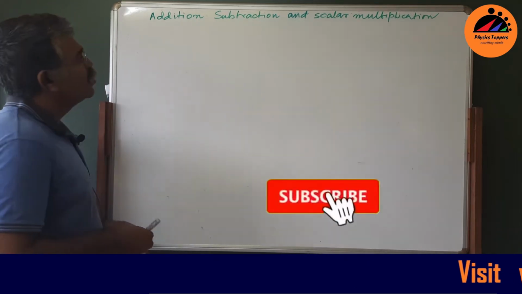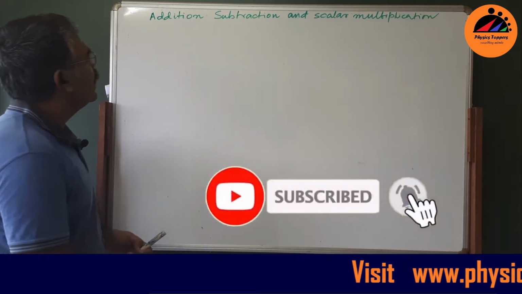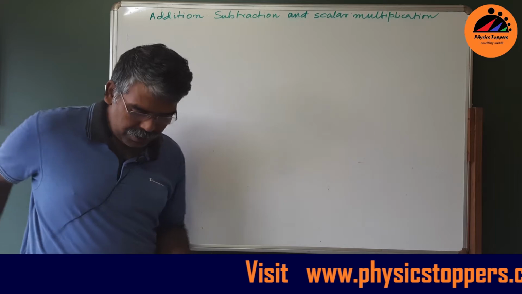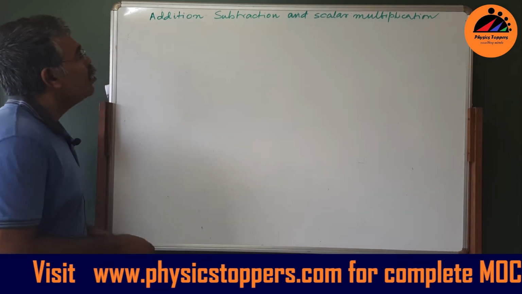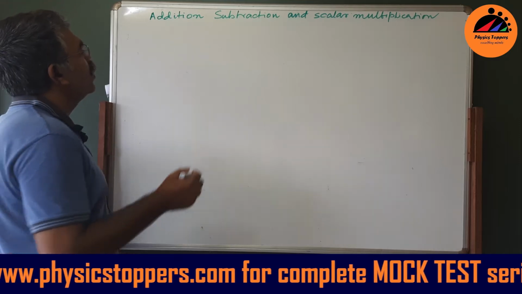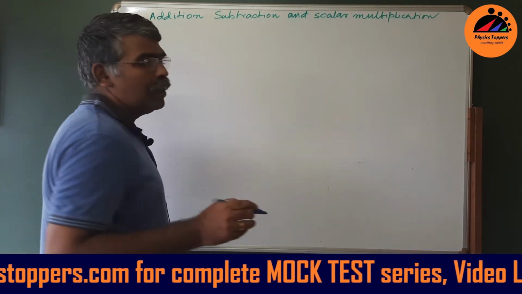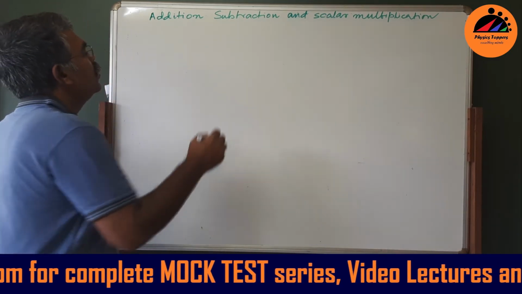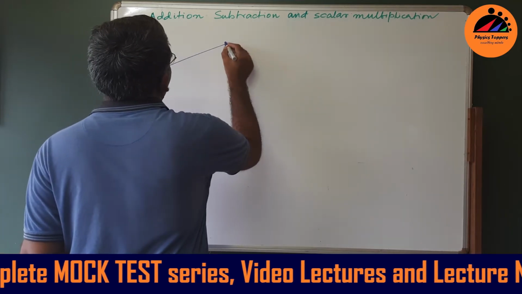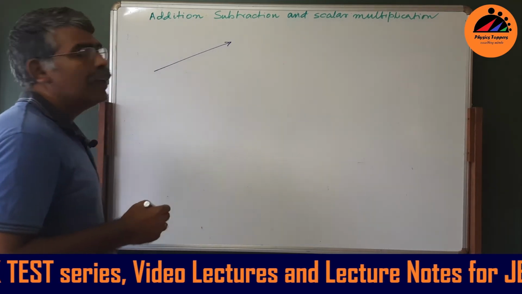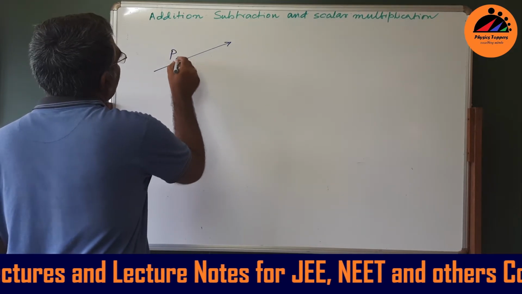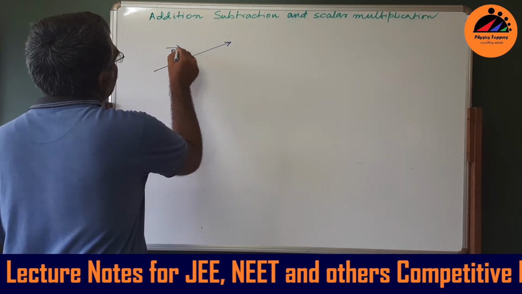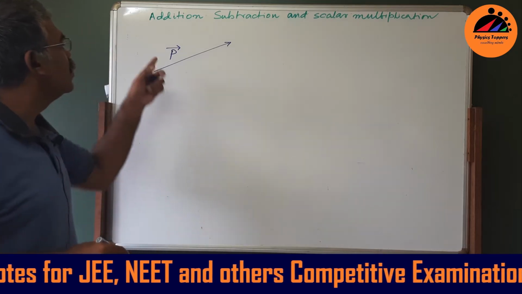Okay, good morning students. Today we have the second lecture on vectors. This is addition, subtraction and multiplication of a vector. Now, with respect to my first lecture, the vector is basically represented by an arrow, right? Usually, suppose this is a p vector, this is the sign which is given, this arrow.